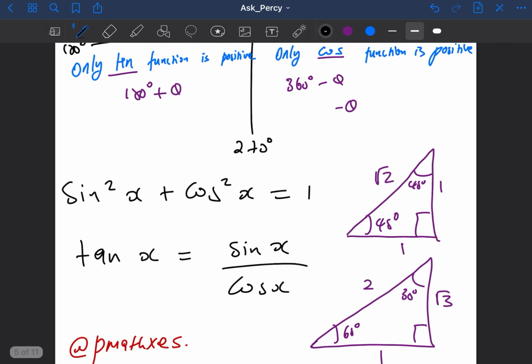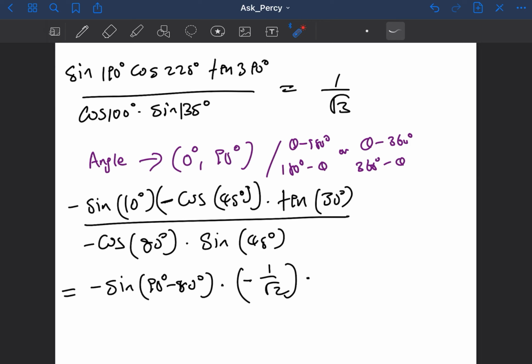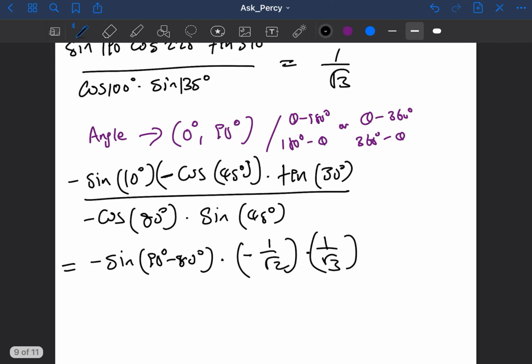Tan is opposite over adjacent, so tan 30 is 1 over root 3.